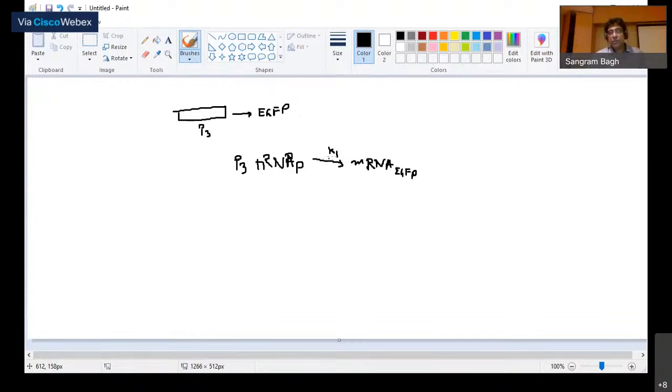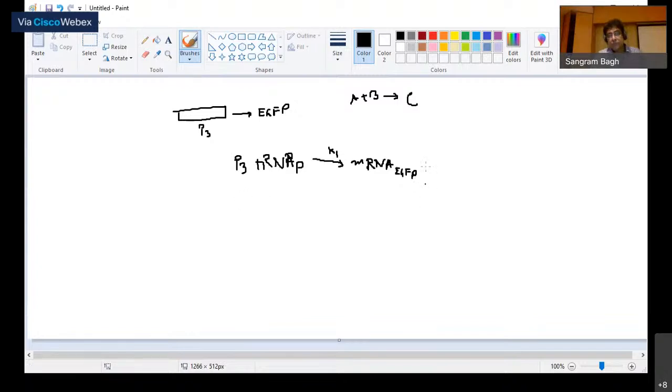In chemistry, you always write something like A plus B goes to C. Here A and B are getting consumed, connecting the two atoms and making a molecule of C. In this reaction, the RNA polymerase and the promoter are not consumed.